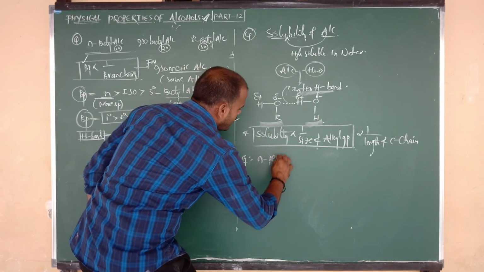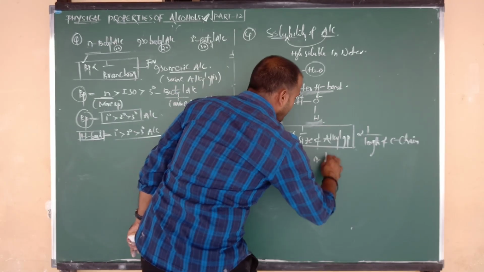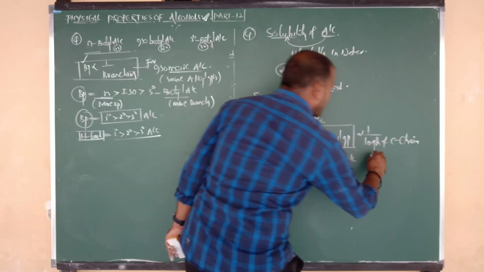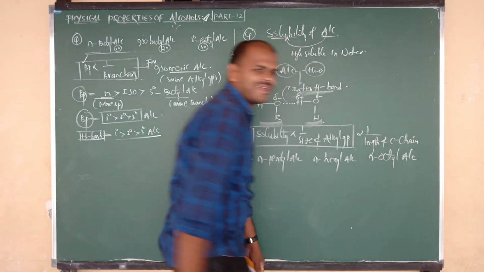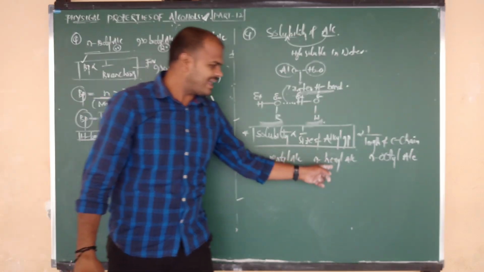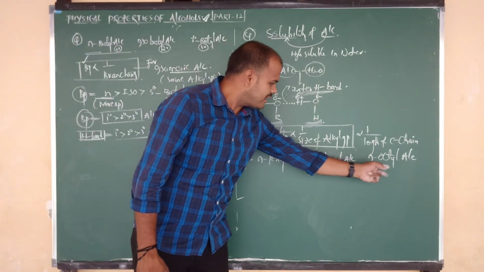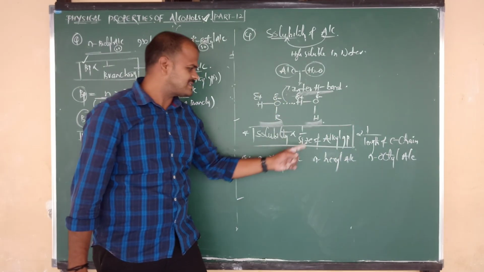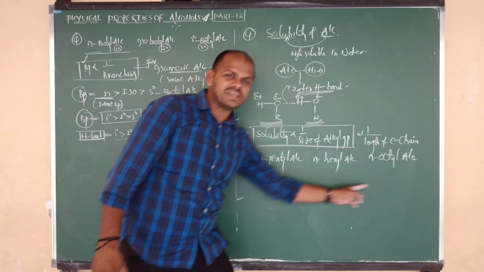I want to give one example. One is N-pentyl alcohol, one more is N-hexyl alcohol, and one more is N-octyl alcohol. That is pentanol, hexanol, octanol: 5 carbon, 6 carbon, 8 carbon. Here the number of carbons increases, that means the alkyl side chain increases, that means the length of the carbon chain increases.